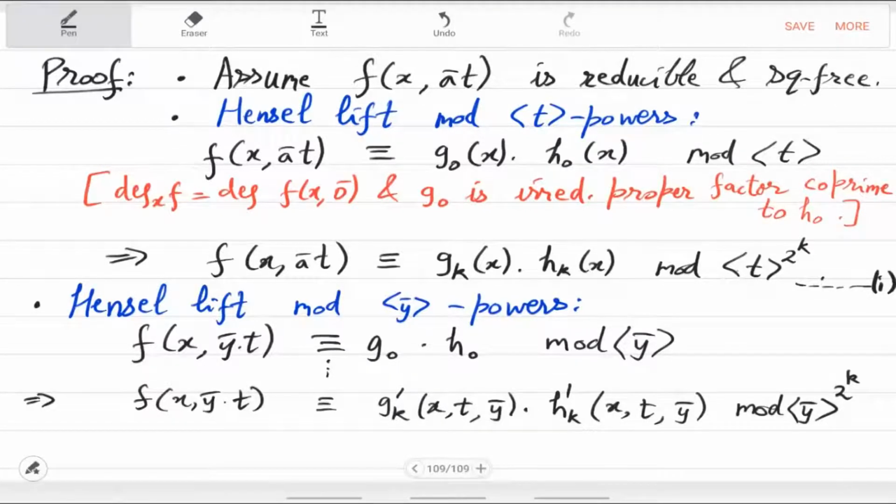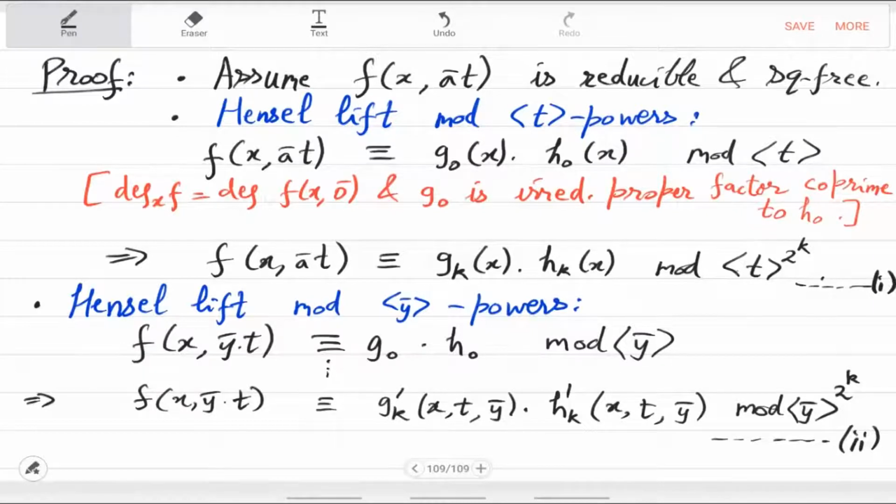That's your endpoint of the second type of Hensel lifting. Now we ask the question, what is the relationship between 1 and 2, right? So intuitively, the second Hensel lifting should be the functional version of the first Hensel lifting, right?